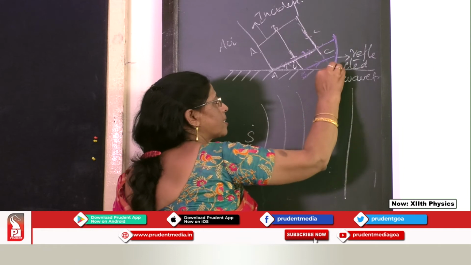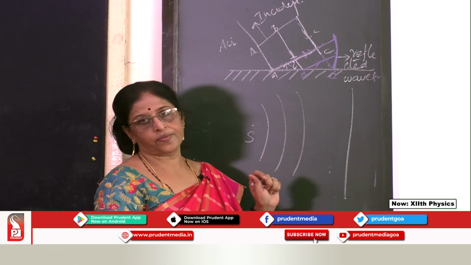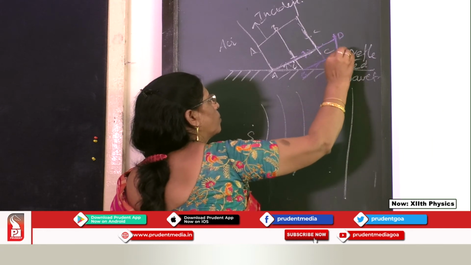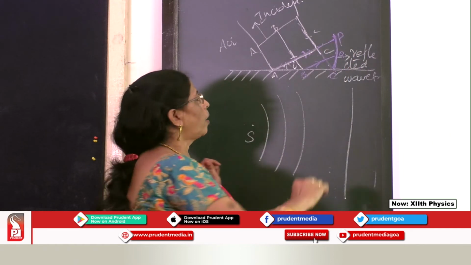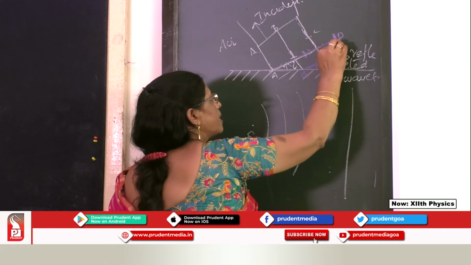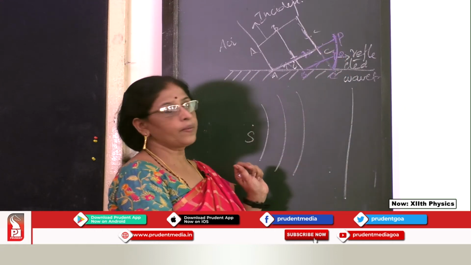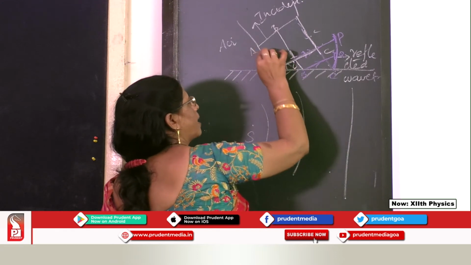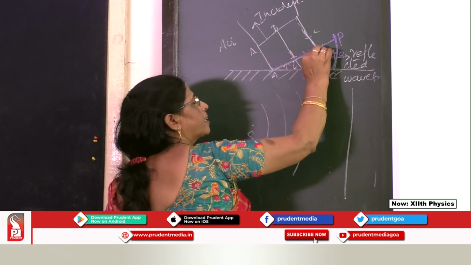So this is the reflected wavefront, and I'll label this as PQ. Now, when A has reached here, C is at this point.